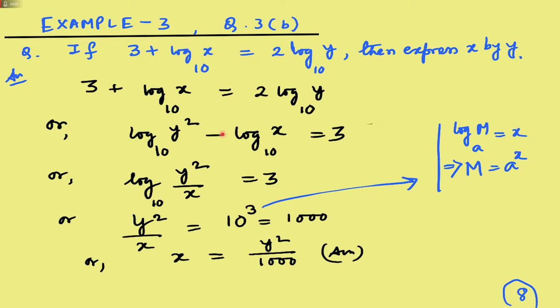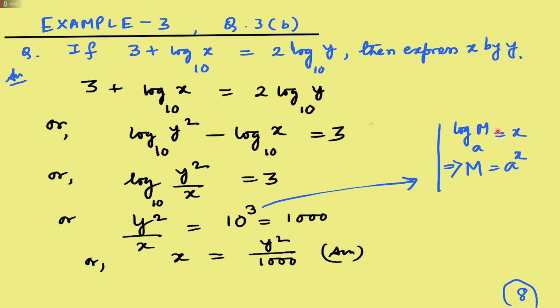Now I am writing this as log y square base 10, and I am taking this to the right hand side of the equation. So I am getting log y square base 10 minus log x base 10, which is nothing but 3. By the formula of subtraction of logs, you can find this as log y square by x base 10, because both are of base 10, and this is 3.